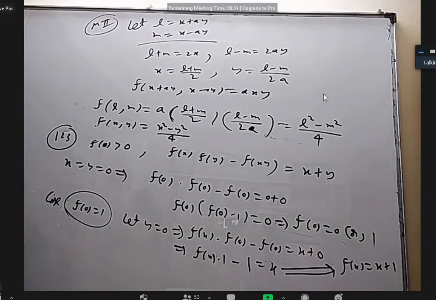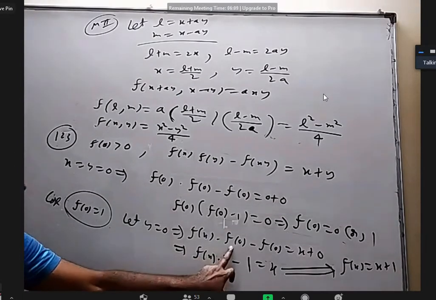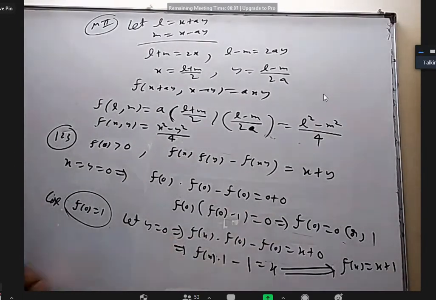If I put only y equal to 0 or only x equal to 0 and then substitute 0 here, I will not get anything. F of 0 is 0, this is gone, this is gone. You get x equal to 0, which is meaningless.